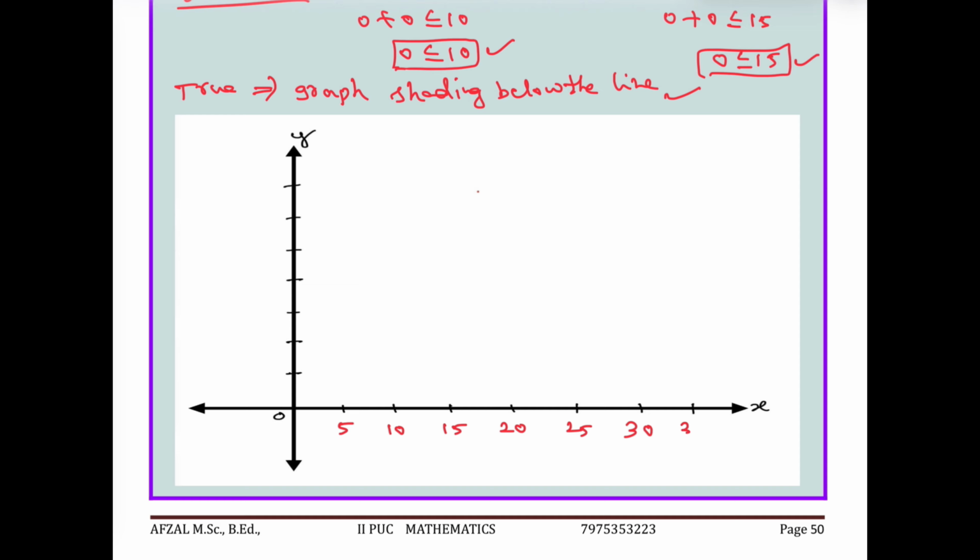Integral from minus pi by 2 to pi by 2 of x cube dx plus integral from minus pi by 2 to pi by 2 of x cos x plus integral from minus pi by 2 to pi by 2 of tan power 5x. x cube is power 3, 3 is odd, so the integral value becomes 0.